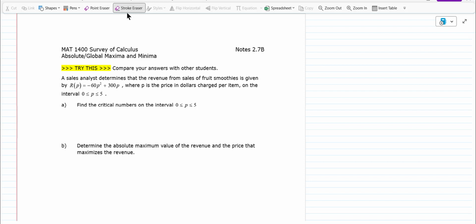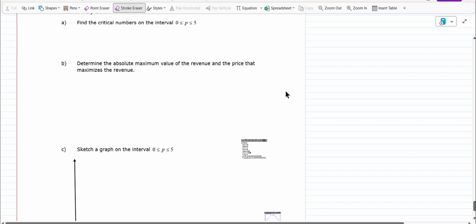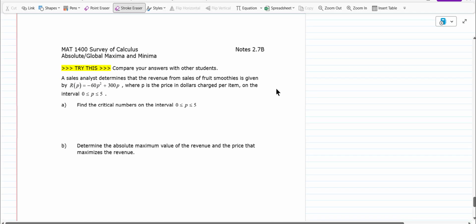What you're really going to be doing is you've got this closed interval 0 to 5, and then you want to find your critical numbers like I did in the last problem, and then evaluate the endpoints and the critical number to find which is the bigger. Because what you're doing in this problem is you're determining the absolute maximum of the price. Then finish it up by doing a graph, and then that'll kind of close off this section.